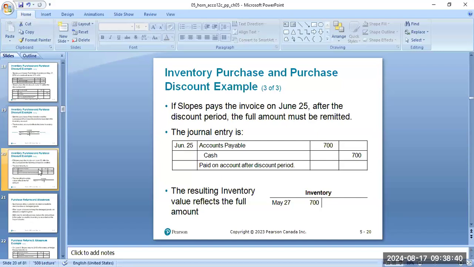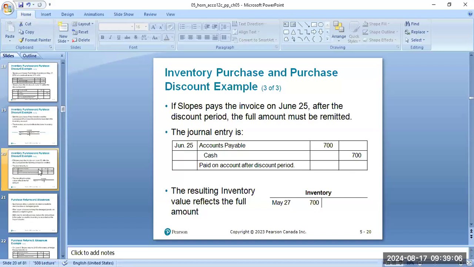Now let's go back again and pretend that the buyer doesn't pay within the 15 days. They pay after the 15 days. In that case, the buyer has to pay the full amount of $700. So the buyer is going to make a normal journal entry, debit accounts payable, credit cash for $700.